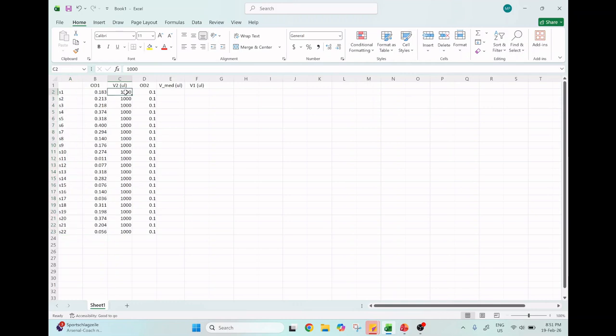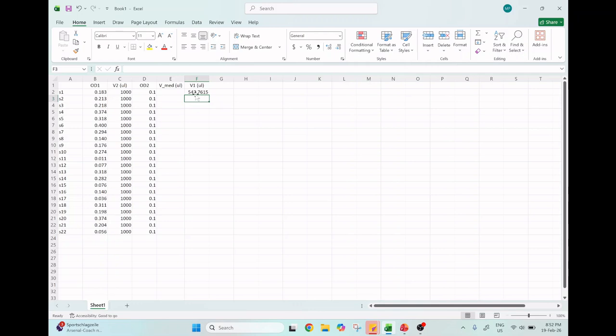We decided we want to make a new volume of 1 milliliter, so 1000 microliters, and our new OD is going to be 0.1. So what we do, we apply this formula: V2 times OD2 divided by OD1. So this is the amount of volume that we have to take.